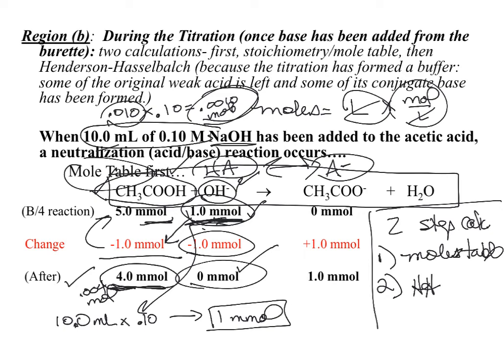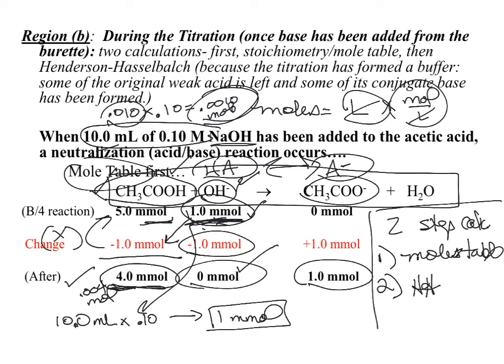And now if you're in the buffer region, it's not enough to just calculate the amount of acid left. You also have to calculate how much of its conjugate base you've made, because remember, you're going to use the Henderson-Hasselbalch equation, so you need both of these. That's determined by your x values in the change row.